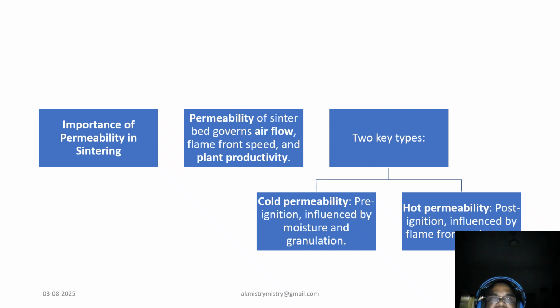Cold permeability is influenced by green mix structure, especially moisture and granule quality. Hot permeability, however, is determined by the resistance posed by the flame front. Both are critical to understanding how sintering reactions progress and how to improve strand performance.